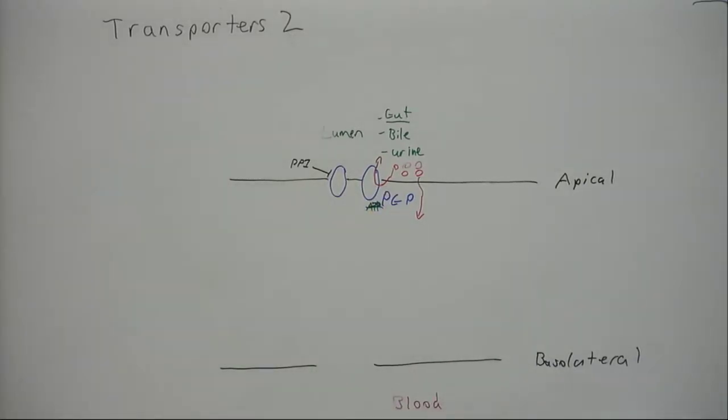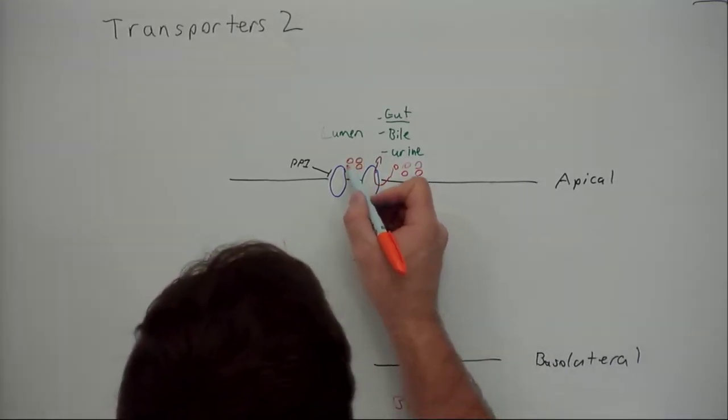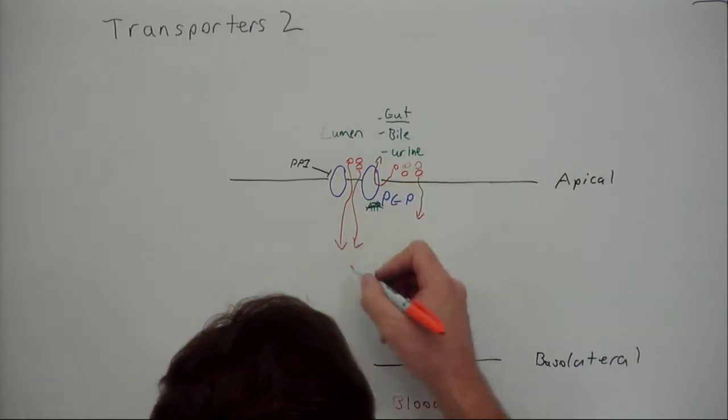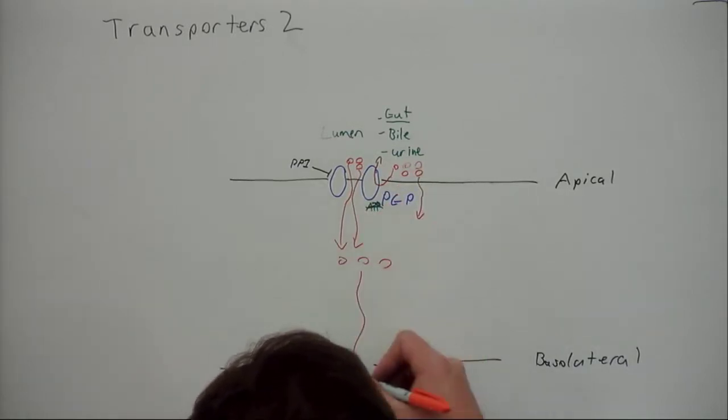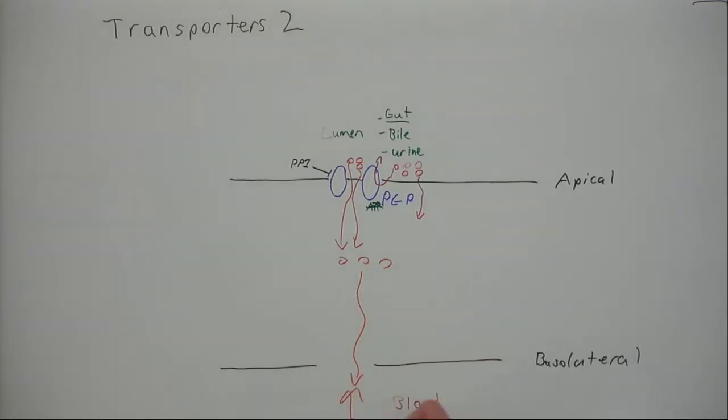So as that happens, you have your drug molecule out here, and it is no longer exported. So you have more that can enter the cell. From there, it enters the blood, and your concentrations go up, which can lead to toxicity. Let me clear this off to go over our next example.